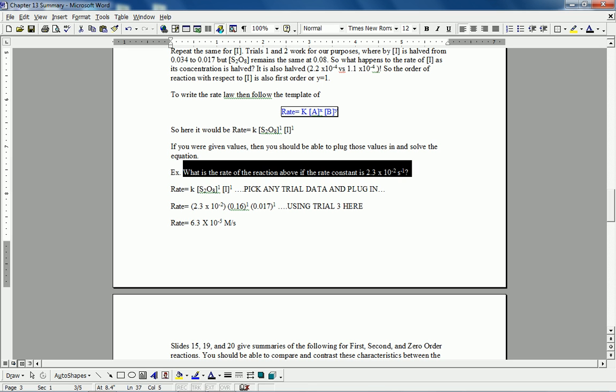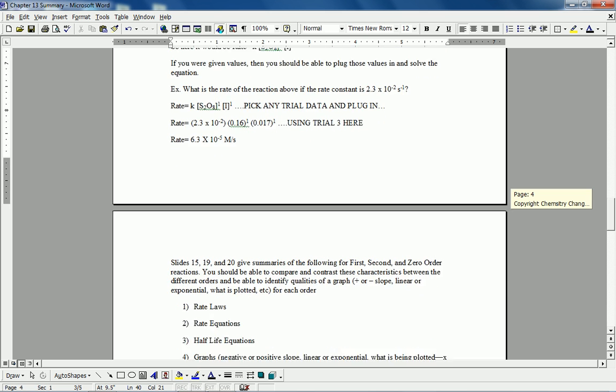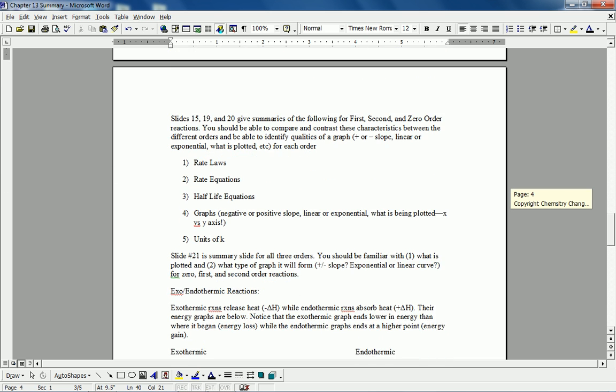So you were given K, we plugged in K. Again, go back to your table, pick the concentrations, you've got the orders, plug everything in, and there you go. You've got the concentrations and the rate constant. You've got your orders, and you can of course calculate the rate according to the rate law. So again, very simple if you know how to navigate your way through this.